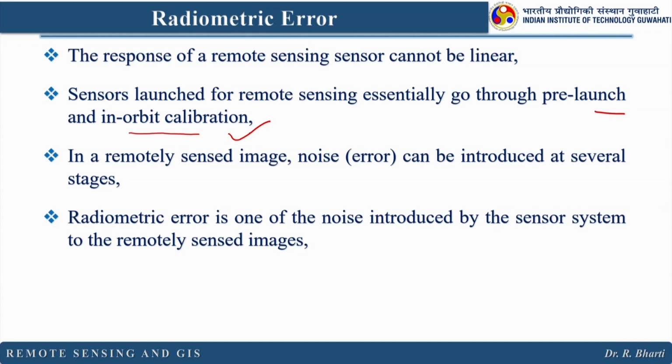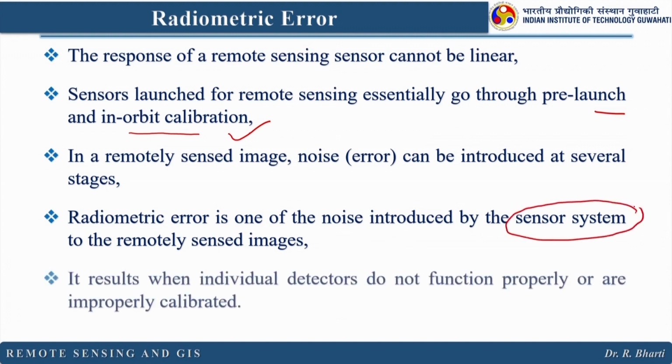And if there is a change in altitude or attitude of the sensor, then again there will be different values. So those errors are basically included in terms of radiometric. So radiometric error is one of the noises introduced by the sensor system to the remotely sensed images. So here it is purely because of the sensor system.